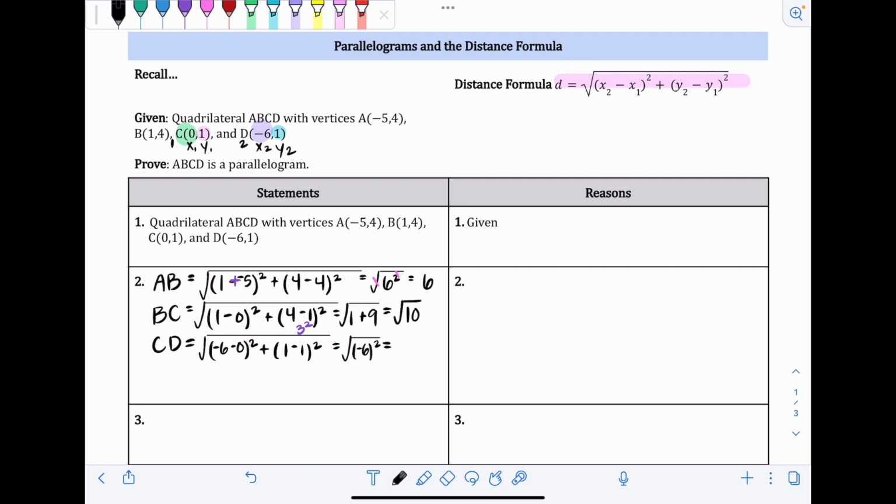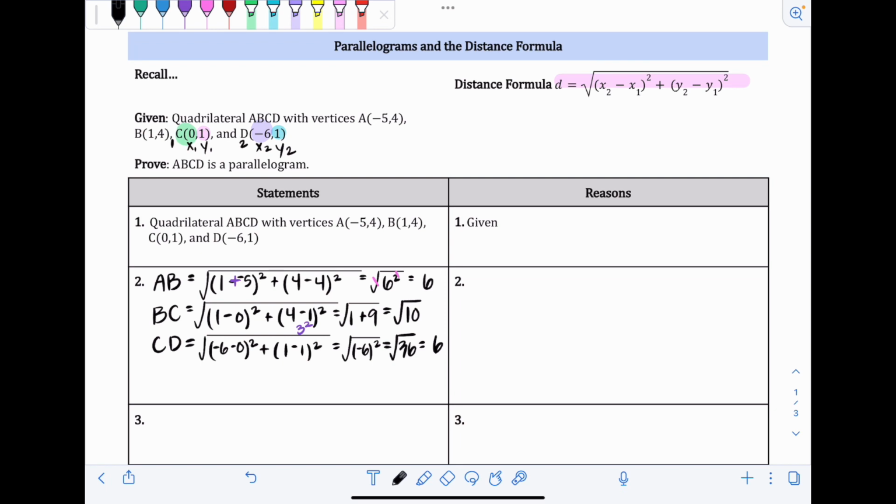So this one I am going to go ahead and simplify the negative 6 squared. So negative 6 squared is negative 6 times negative 6, so that's 36. And then the square root of 36 would be 6. Either way, when you're square rooting it, the outcome would have to be positive, especially because this is a distance, and distance would always be positive.